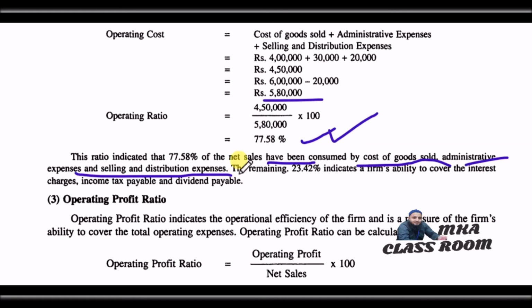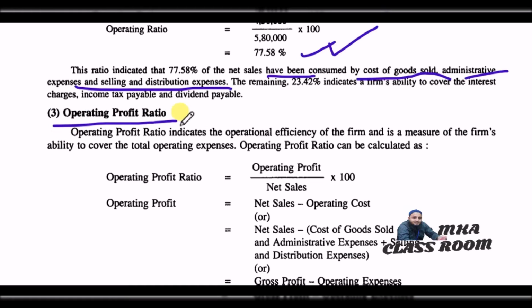Then we will see the operating profit ratio. Operating profit ratio indicates the operational efficiency of the firm and is a measure of the firm's ability to cover the total operating expenses.